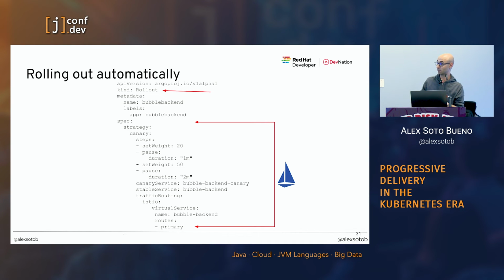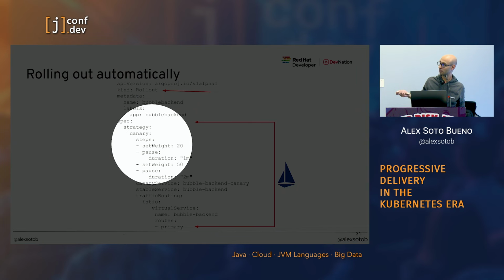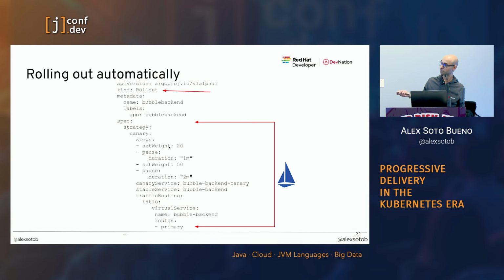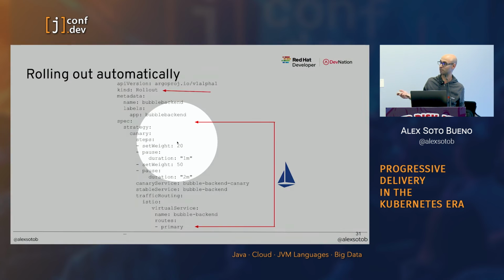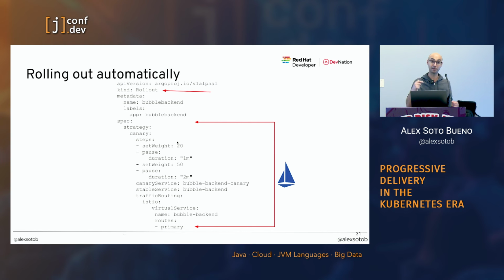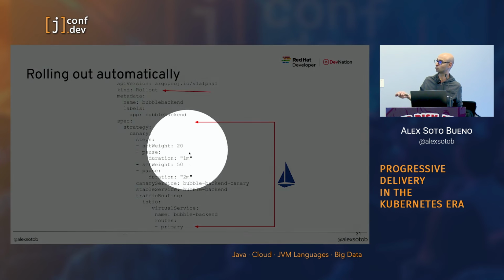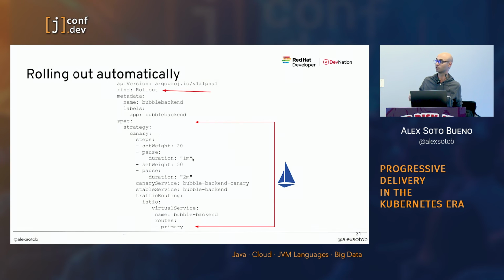In this case, you're saying, look, when I deploy a new version, for example version 2, I want to do a canary release. First of all, setting the weight to 20%. So I'm going to send 20% of the traffic to the new version, and I want you to do that for 1 minute. During that minute, you're going to stay there monitoring if the new version is working or not.